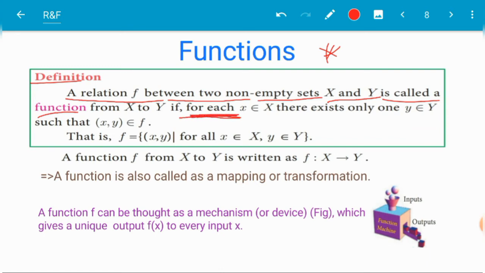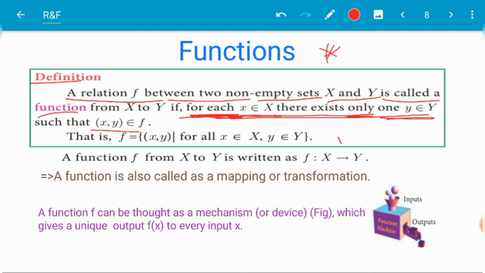Each means all. For each x belongs to X, there exists only one y belongs to Y such that (x, y) belongs to f. f is the function.